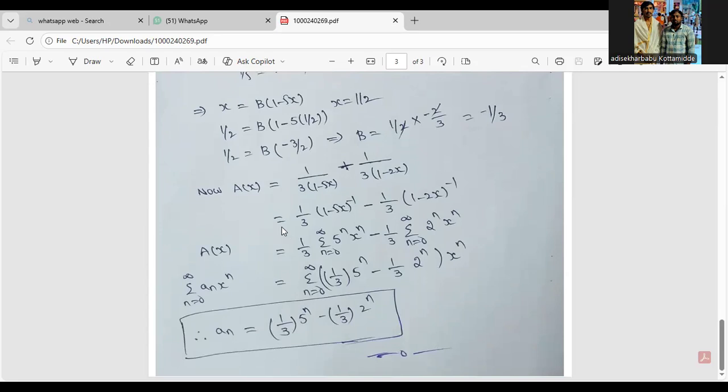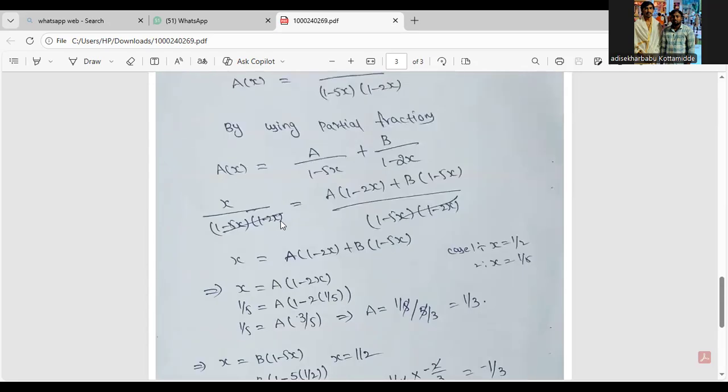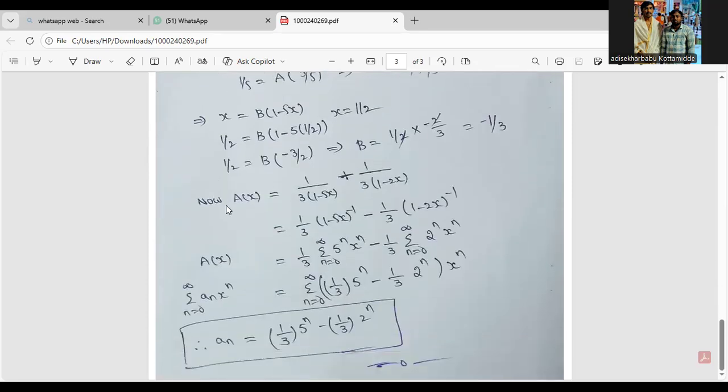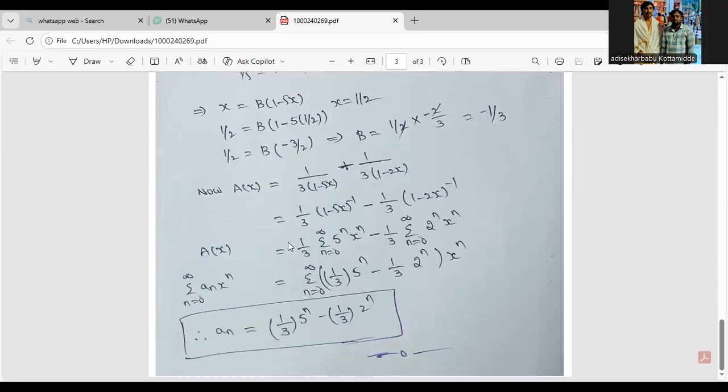Substitute the A and B values in the partial fractions equation. Now A(x) = (1/3)/(1 - 5x) + (-1/3)/(1 - 2x). That is 1/3 × 1/(1 - 5x) - 1/3 × 1/(1 - 2x).